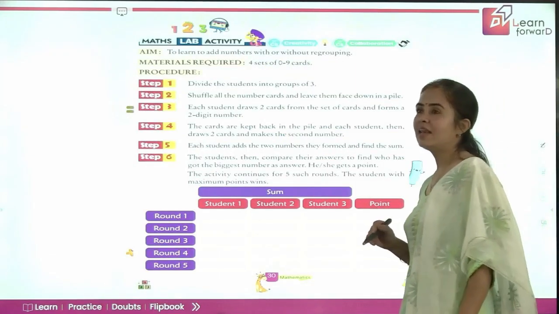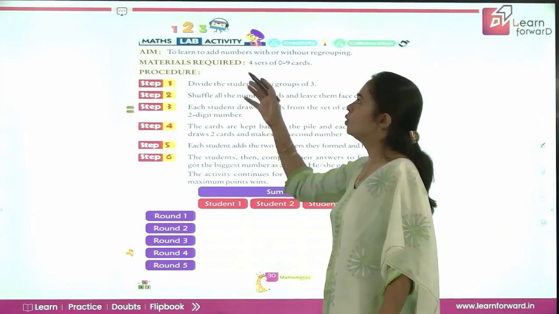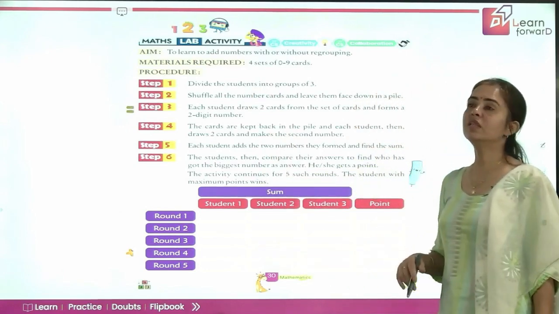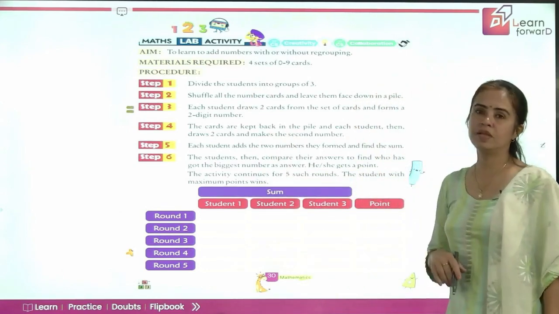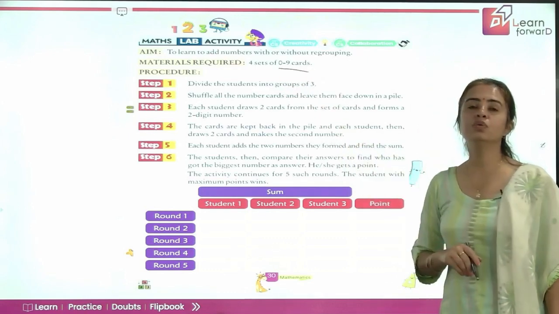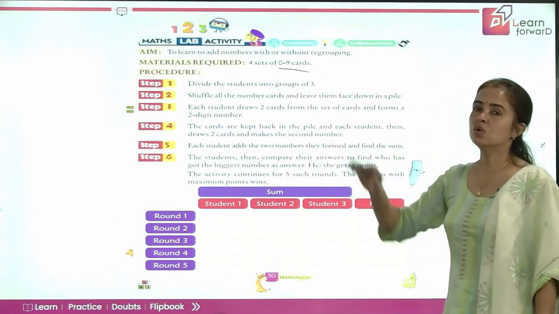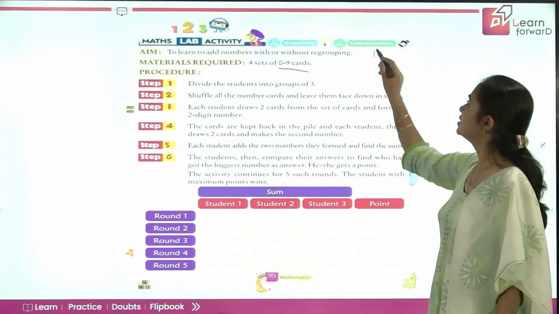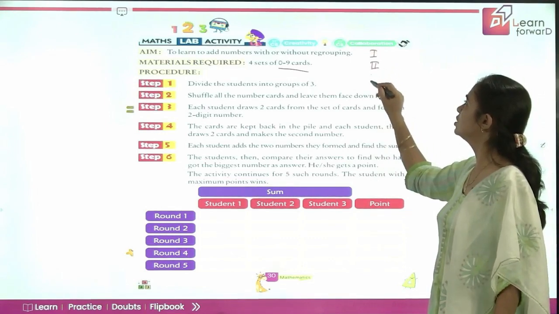Now here's a lab activity for you children. We'll learn to add numbers with or without regrouping here. So we have 4 sets of 0 to 9 cards. These are 4 sets: set 1, set 2, set 3 and set 4.